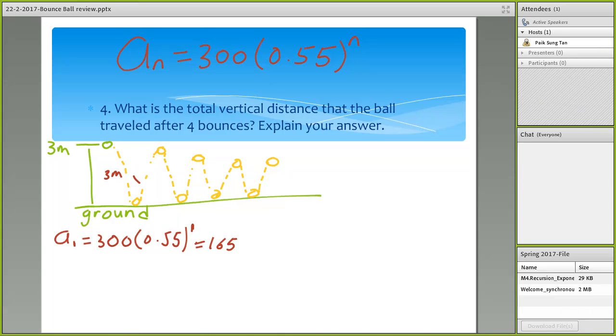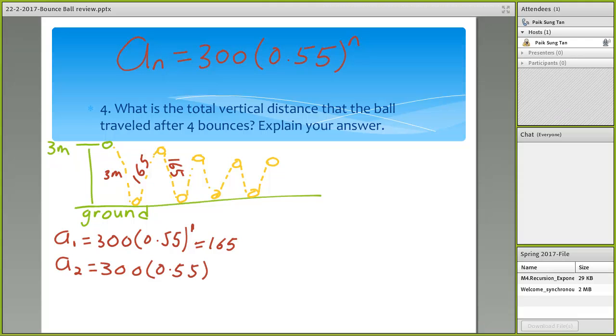So 300 times 0.55 is 165 centimeter. And when it comes back down, it's also 165, right? Because that's how tall it went, and that is how far it has to come back down.